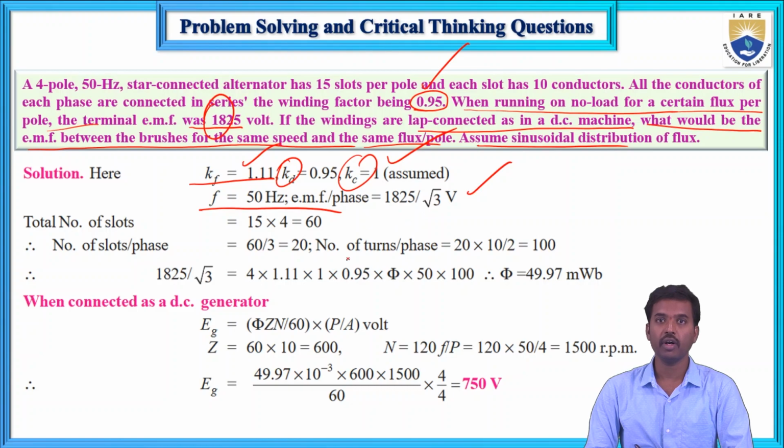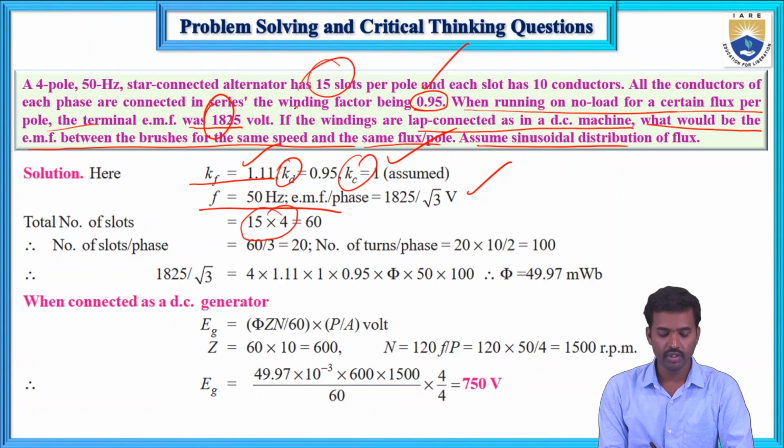Now the total number of slots is 15 into 4, and the number of slots per phase is 60 by 3.